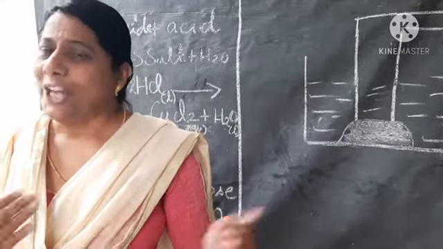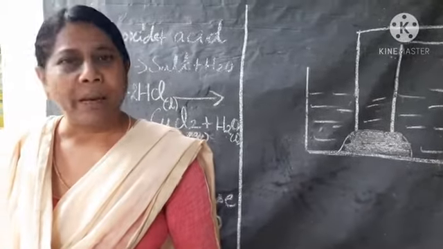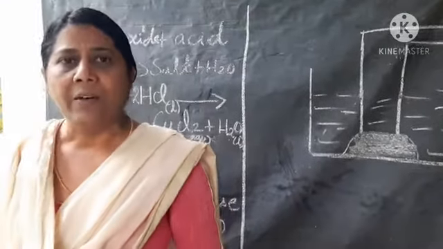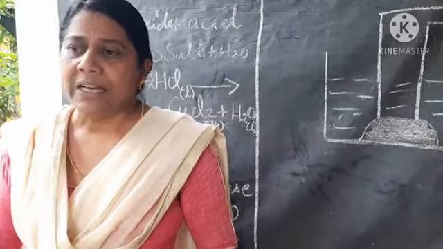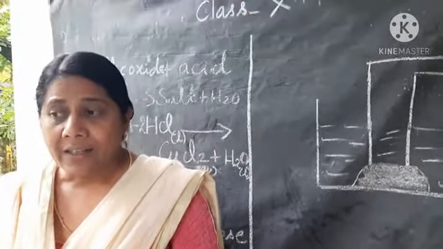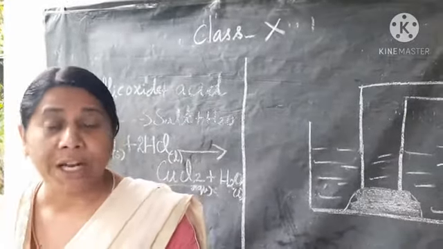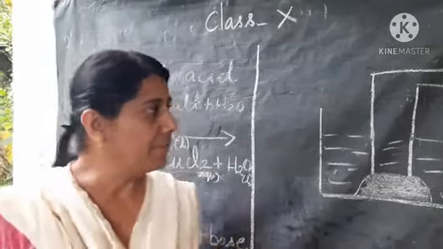Today we can see two more chemical properties of acid and base, as well as whether dry HCl will change litmus paper, and that H plus ions present in the solution are acidic. Let us see these things now.